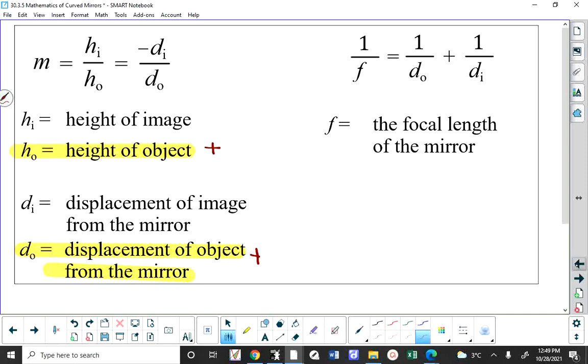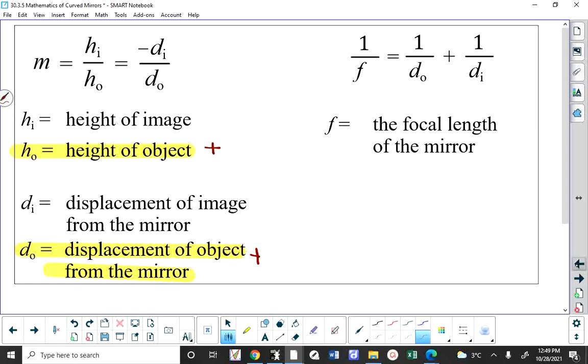And here's the problem. You will be lied to in a question. So, for example, you will be told in a question that a real image is produced with a height of 4 centimeters. And that's a lie. If it's a real image, it's inverted and the height is -4.